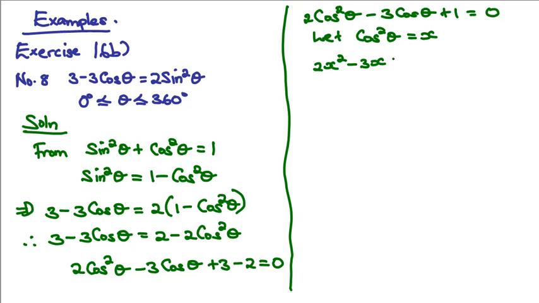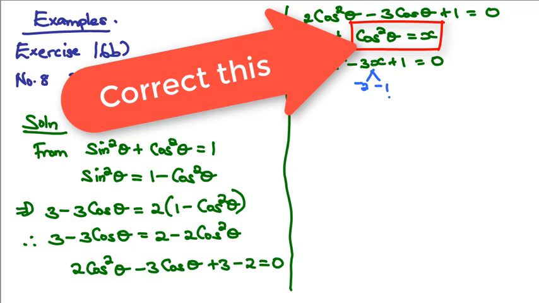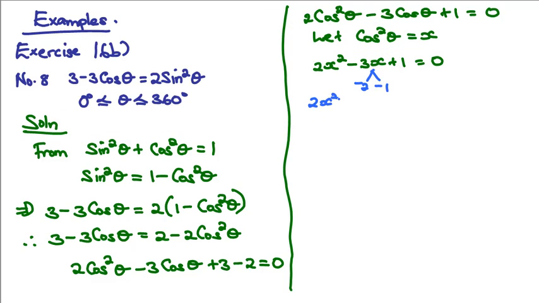So this time around we spotted out the cos squared theta. Okay, so when we now say let cos squared theta equal to x, that is a mistake, it's not cos squared theta, it is cos theta is equal to x. Please correct it. So if we say that letting cos theta be equal to x, you realize that the equation above turns into a quadratic equation in terms of x, which is 2x squared minus 3x plus 1.